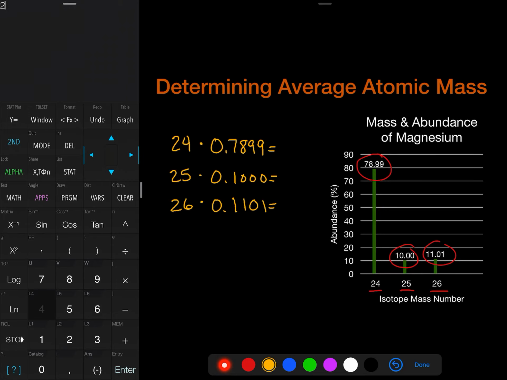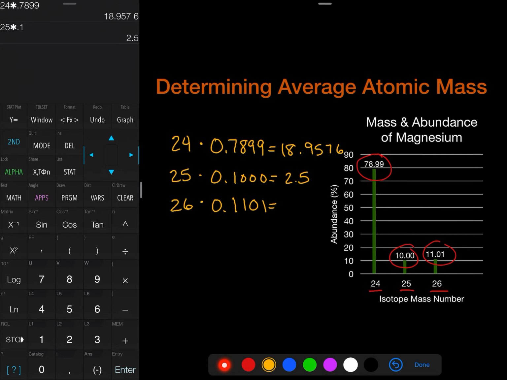All right, so let's go ahead and do these values. So 24 times 0.7899 gives us 18.9576. 25 times 0.1, of course, is just going to be 2.5.